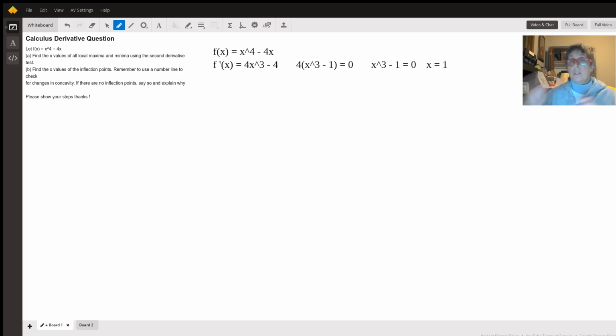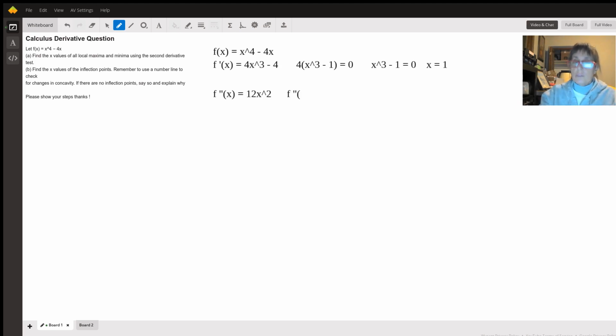Now, the second derivative test means I find the second derivative, which is 12x squared minus 0. And I plug in the x I found by setting the first derivative equal to 0 to find out if it's a minimum or a maximum.